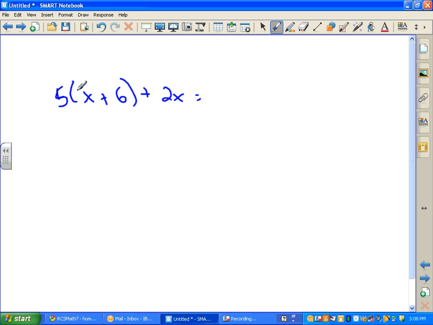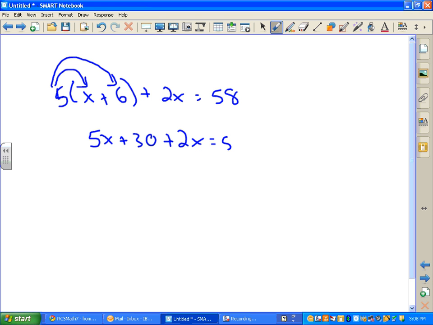The 5 will just distribute to the x and the 6. So I have 5x plus 30 from that. And I just bring that 2x down. Okay? And we'll say it's equal to 58.